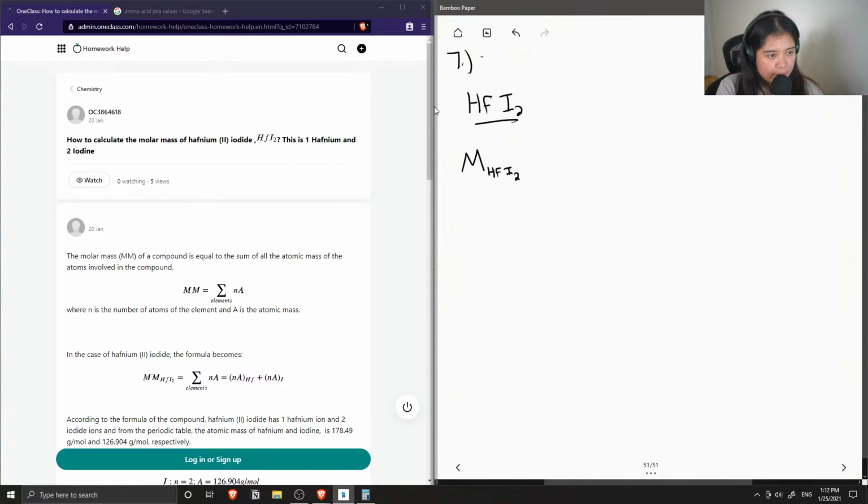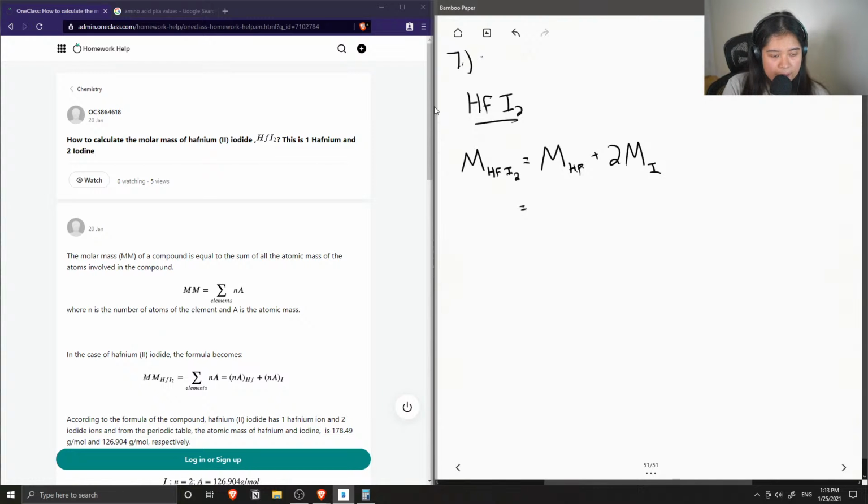But finding its molar mass is still fairly simple. All you need to do is sum up the molar mass of hafnium and 2 times the molar mass of iodine. So these values can just be found on your periodic table.